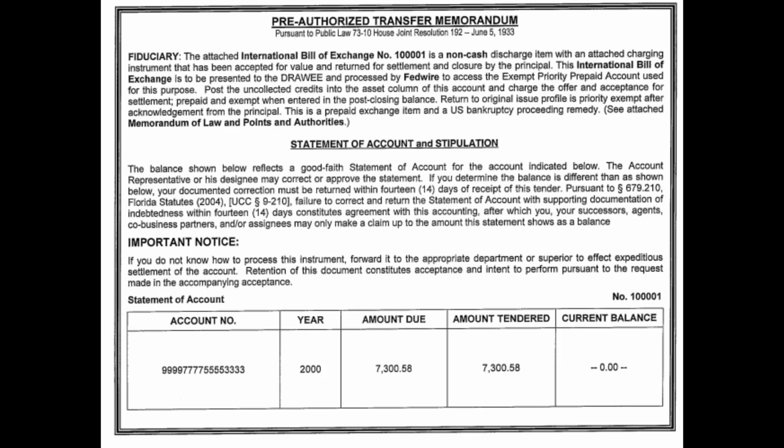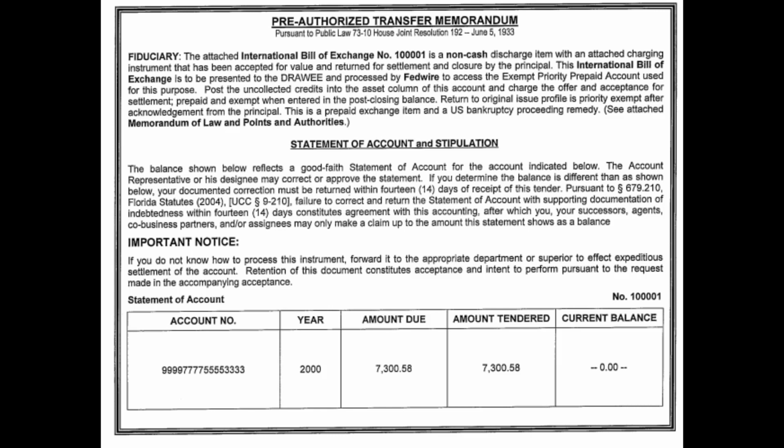The balance shown below reflects a good faith statement of account for the account indicated below. The account representative or his designee may correct or approve the statement if you determine the balance is different than shown below. Your document correction must be returned within 14 days of receipt of this tender, pursuant to whatever the code statutes are here.